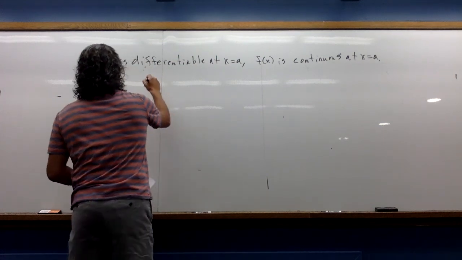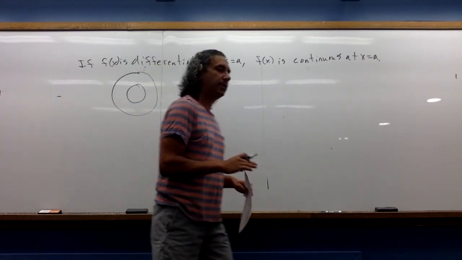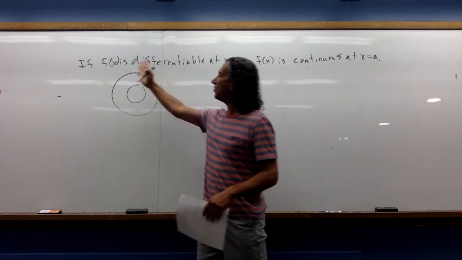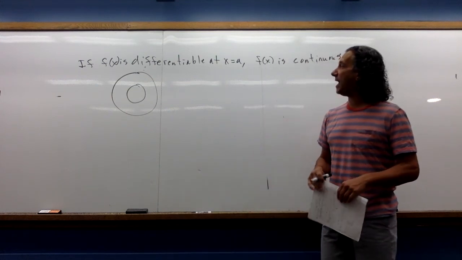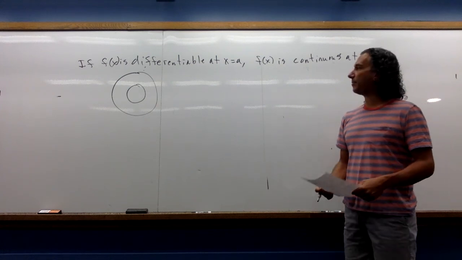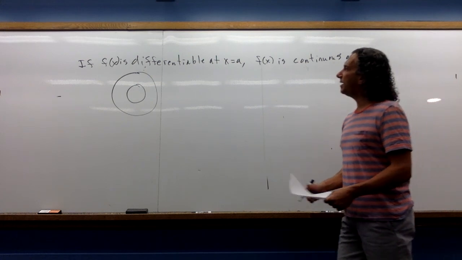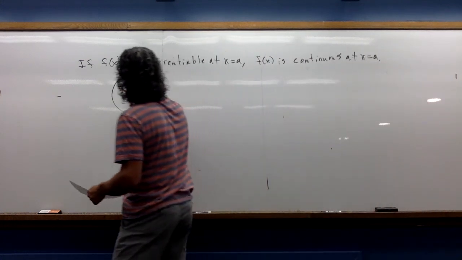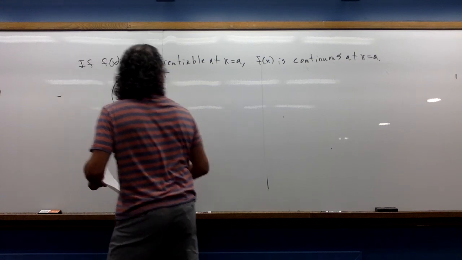So if we were to draw two circles, I'm going to invite you to pause the video. One of those circles is continuous at a. One of those circles is differentiable at a. Based on what I wrote here, see if you can put the correct thing in the correct place. Right, hopefully you paused the video and you said, well, let's see. If it's differentiable, then it's continuous.